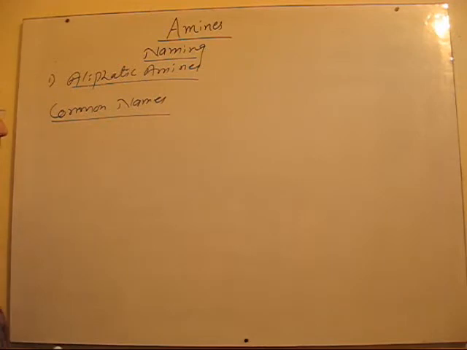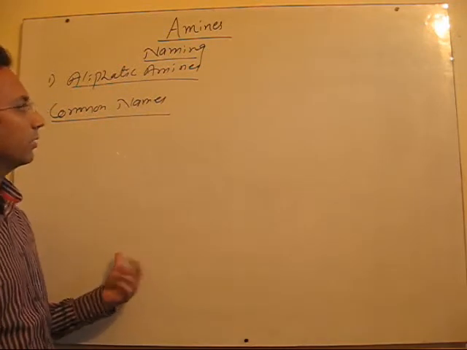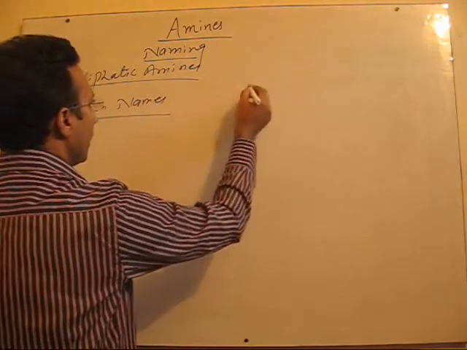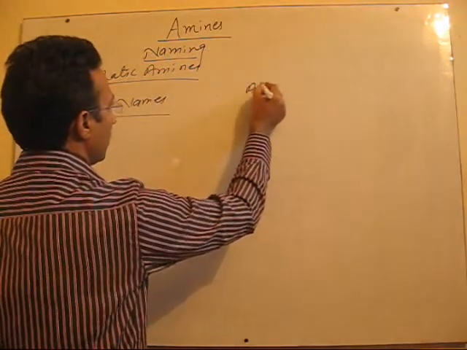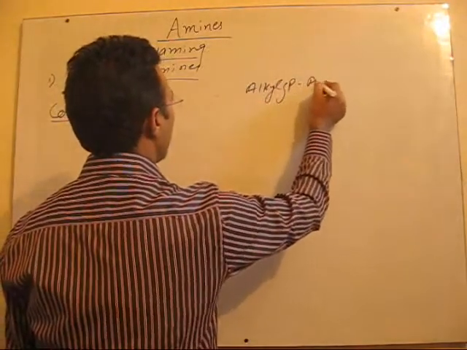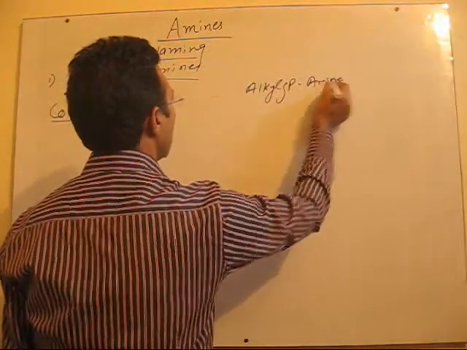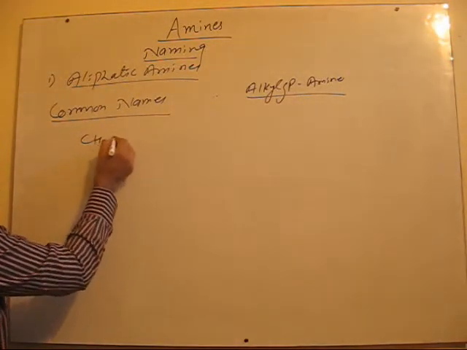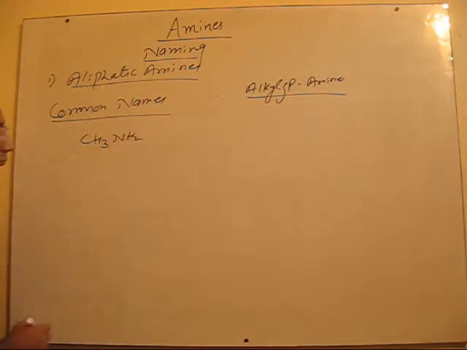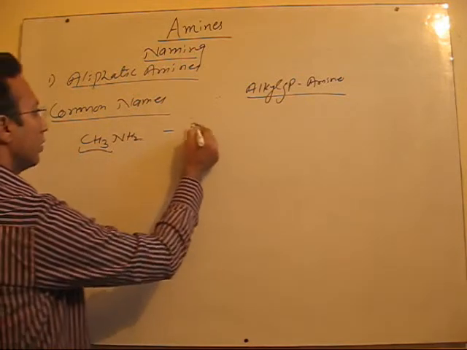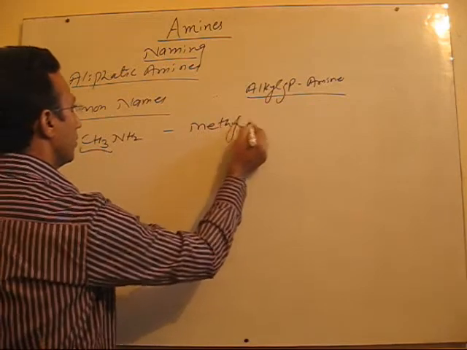It's very simple. Most of the time we know them from common names. They are all named with first the name of the alkyl group, followed by the name of the family, that is amine. For example, you have a primary amine like this one. Here the R group is methyl, so the name is methylamine.